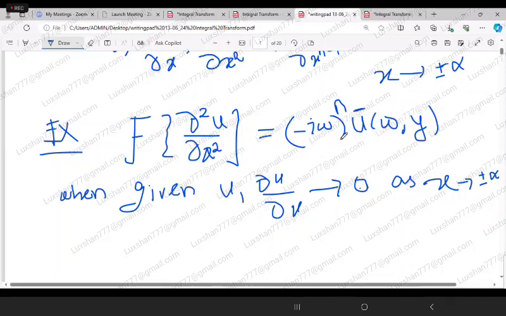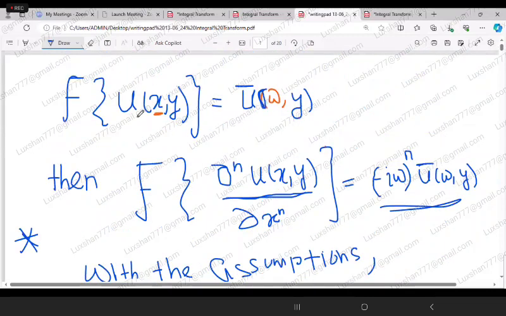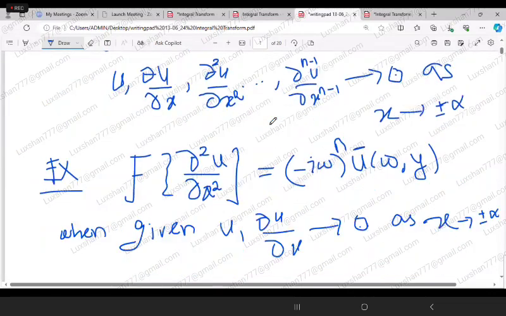Here we are taking that the Fourier transform of the unknown function u(x,y) is equal to ū(ω,y). So this is important.